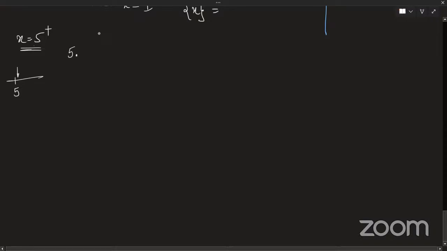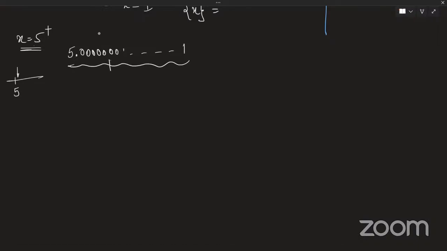Are you sure it will be 0.1? 0.1 is a very large value. I am talking about a very, very small number, in the limit. So it will be something like this, right? Do you all agree? What will be the fractional part of this thing?